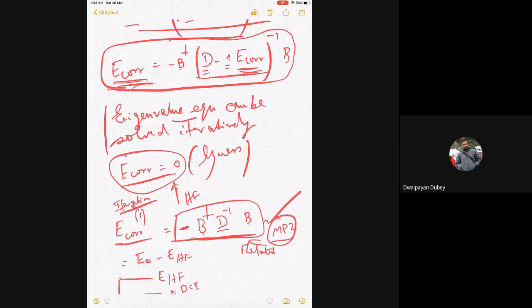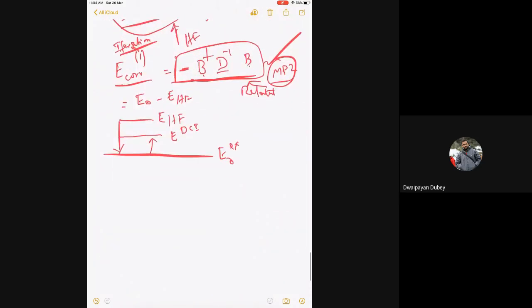Then the next time, my E correlation 2, I will tell you what will happen. This is E correlation 1. My E correlation in the second iteration, this is iteration again, will be minus B dagger D. Now I will add this E correlation 1.